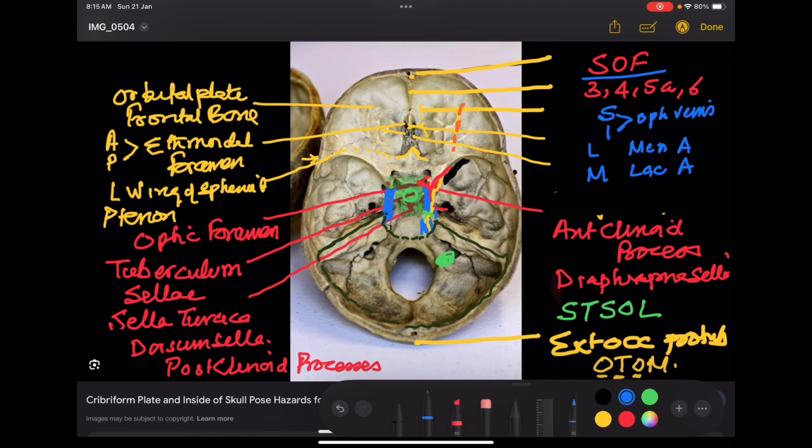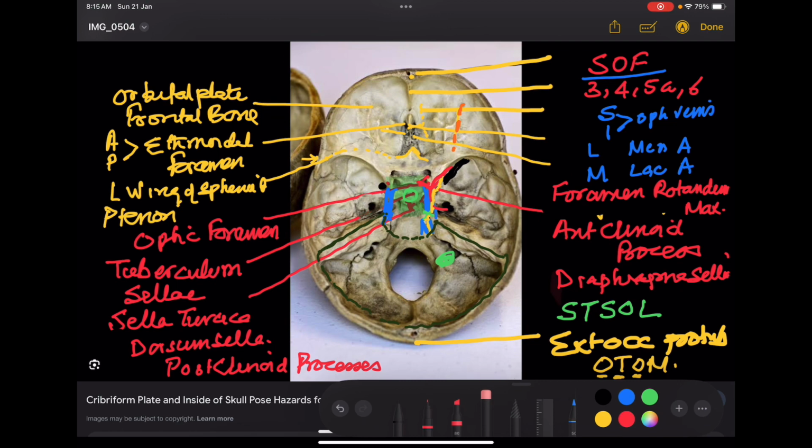Then the next foramen that you see is this one, the foramen rotundum. This is the foramen rotundum, which passes the maxillary nerve, the fifth B. And then there is the foramen ovale, this one.